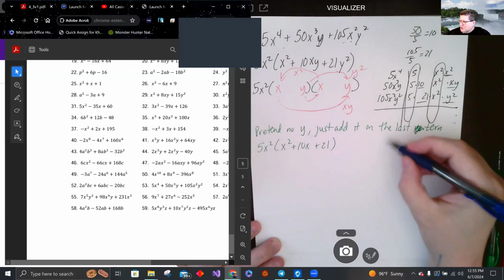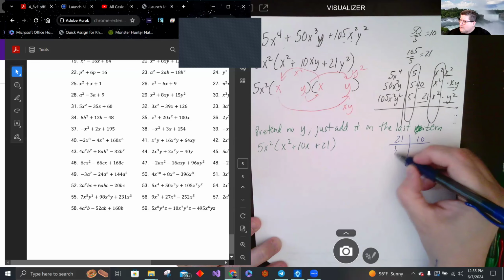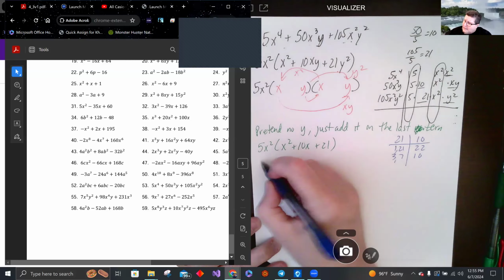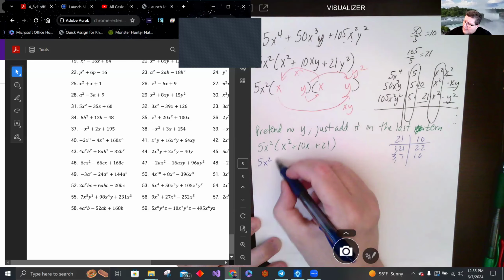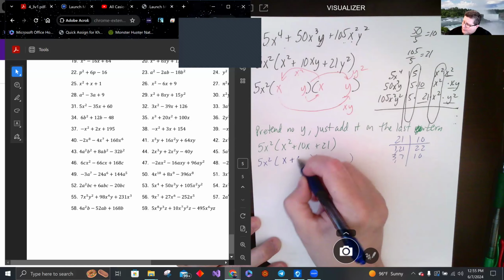Now, if I factor this one, it needs to multiply to 21 and add to 10. 3 and 7 gives us 10. This splits up into x plus 3 and x plus 7.